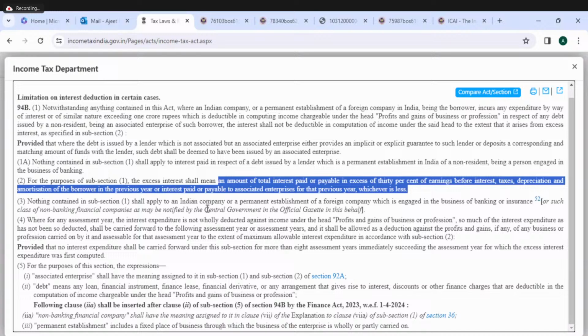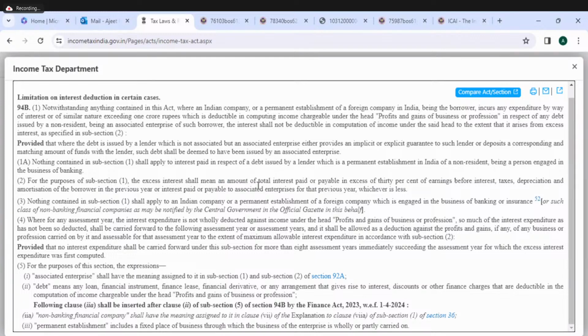But if you see the explanatory memorandum, it is mentioned that the intention of the government is to restrict the interest paid or payable to the non-resident AE, not to every person. So in this case, read total interest paid or payable as interest paid or payable to a non-resident AE.